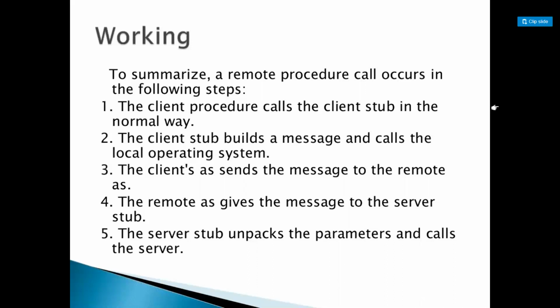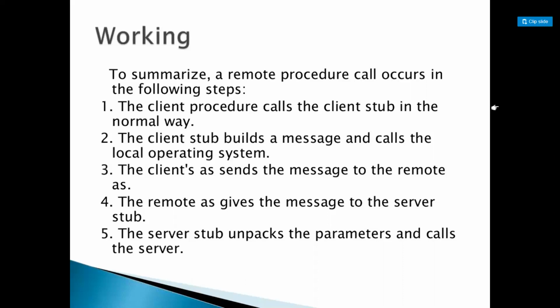In the third step, the client OS sends the message to the remote OS. Normally, even though we are using the remote, the message will be the same at the client and at the remote. Now, the remote OS gives the message to the server stub.